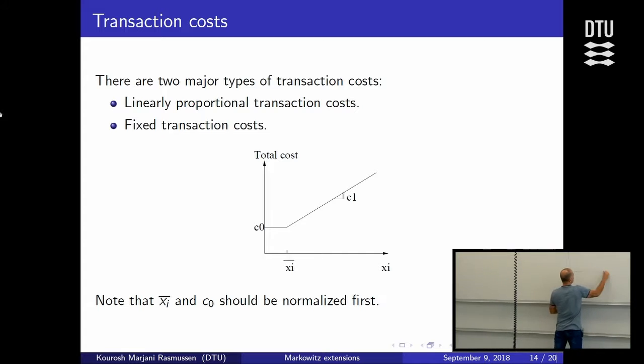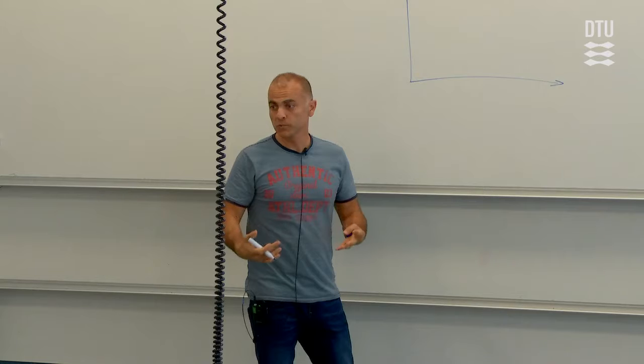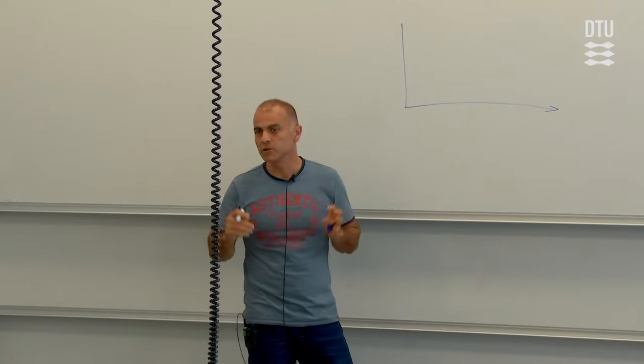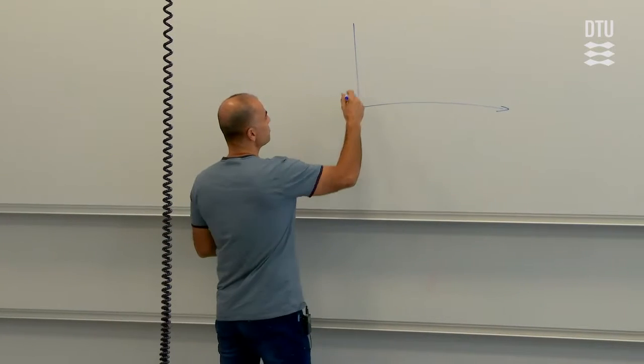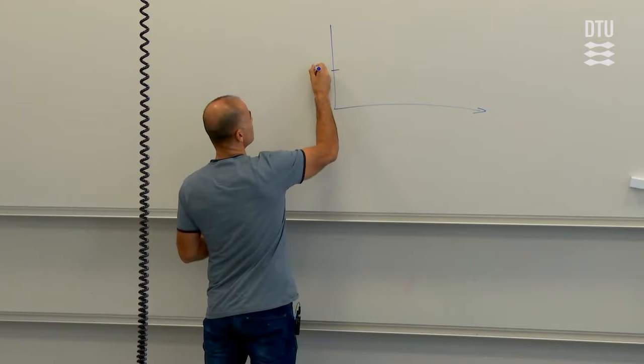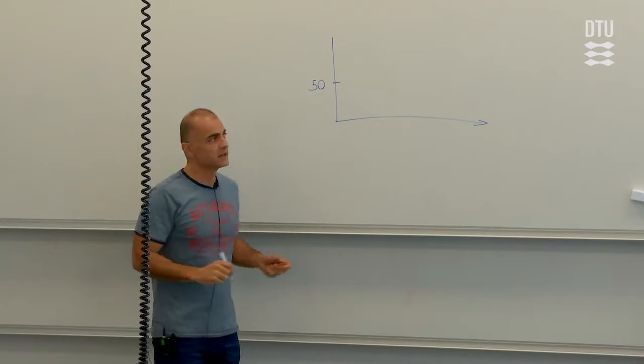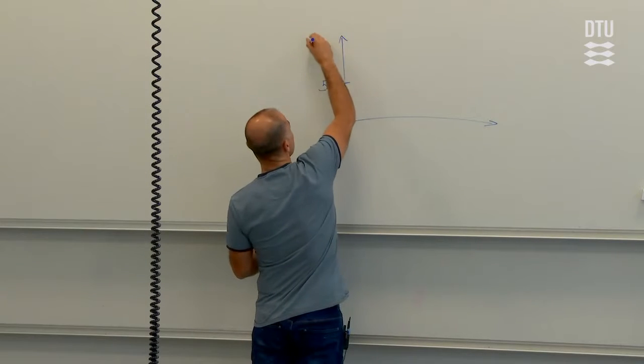Like the example I gave you, let's say you want to buy 100,000 krona worth of, just to make it simple, just one stock, right? But I tell you this is 50 krona, that's your fixed cost. So that's my total cost.